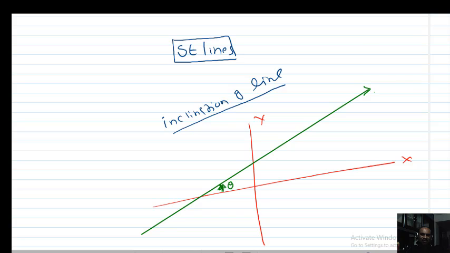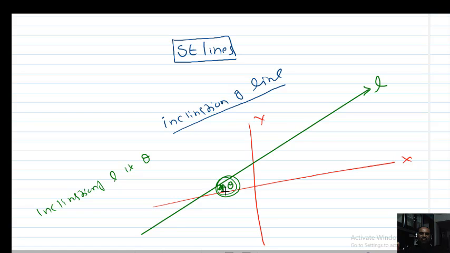For example, if the name of the line is L, then theta is called its inclination or steepness. So the inclination of L is theta, or sometimes called steepness. The angle made by a line with the x-axis, don't think it is with the positive x-axis, that is not correct; it is with the x-axis in the positive direction, a positive angle.